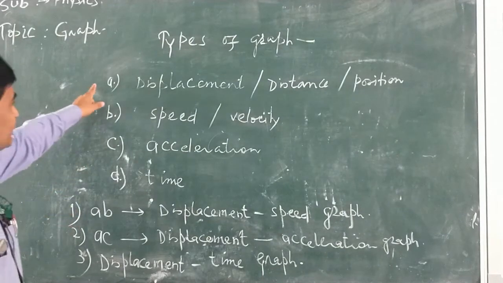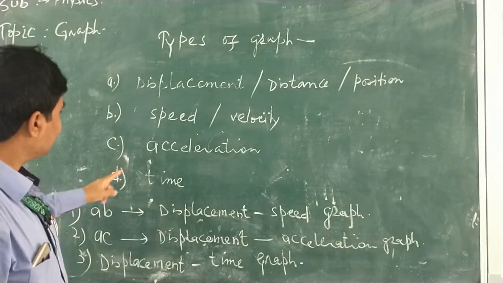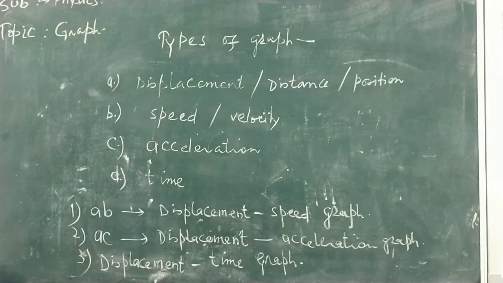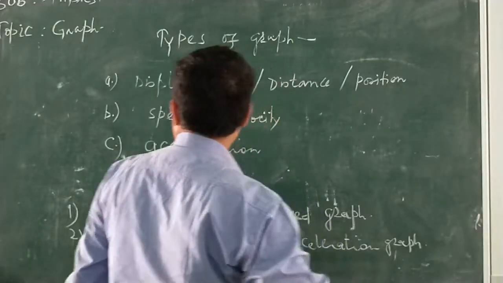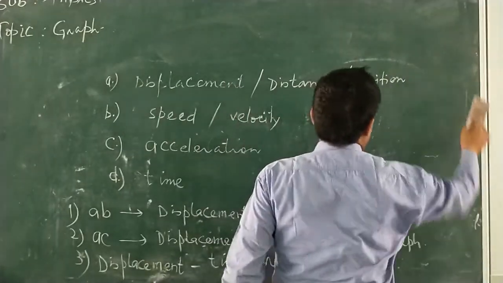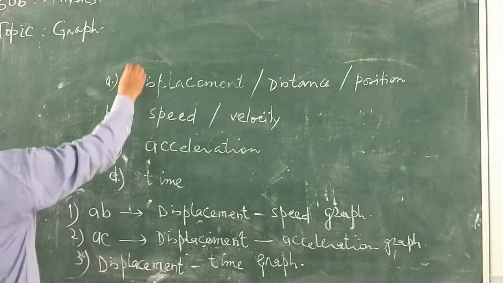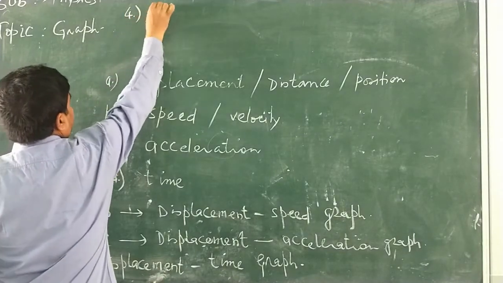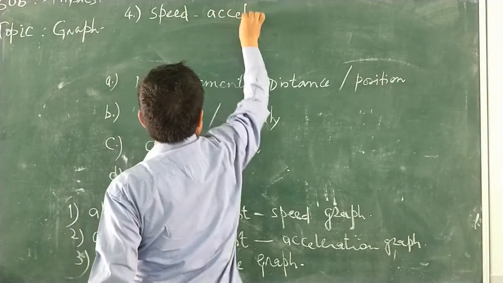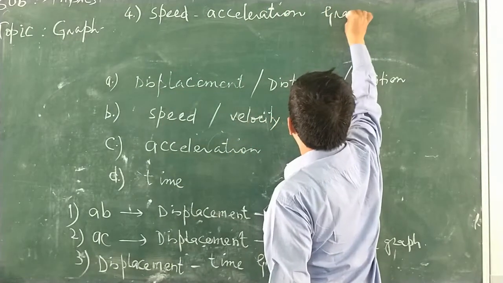There are 6 types of graph: displacement time graph, displacement speed graph, displacement acceleration graph, speed time graph, speed acceleration graph, and acceleration time graph.